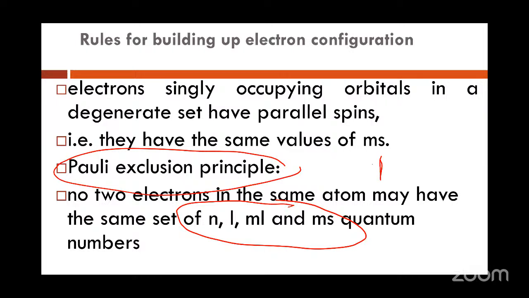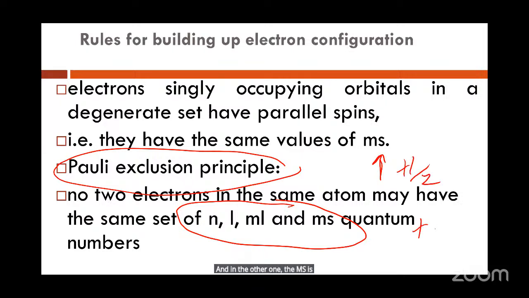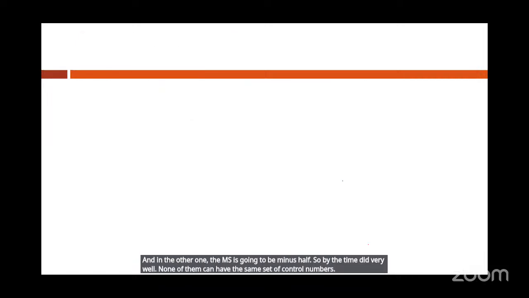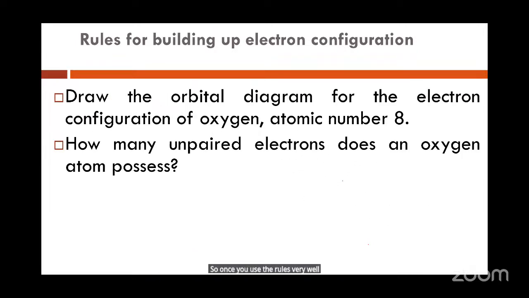That's the reason why, in some of them, the ms is going to be plus half, and in the other one, the ms is going to be minus half. So by the time you do it very well, none of them can have the same set of quantum numbers. So once you use the rules very well, you can know.